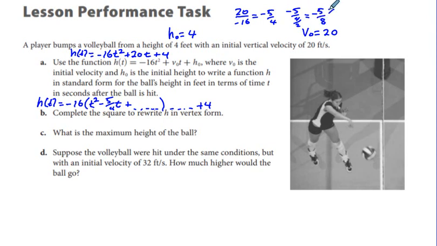I'm going to asterisk negative 5/8, just like I did for problem 13. Then we square this negative 5/8: negative 5 squared is 25, and 8 squared is 64. So we're going to add 25/64.